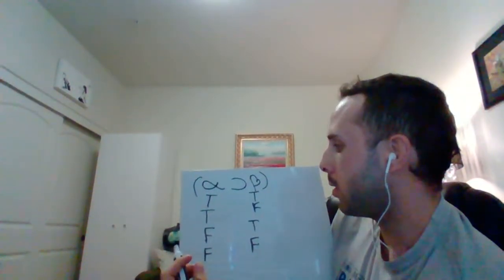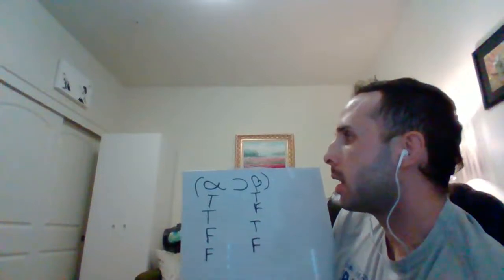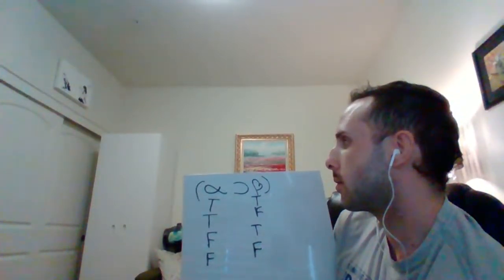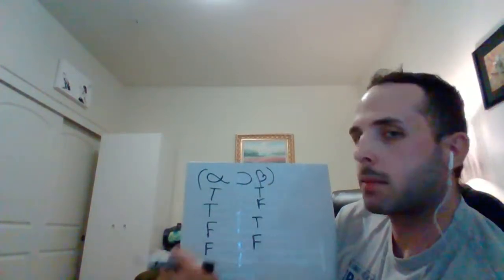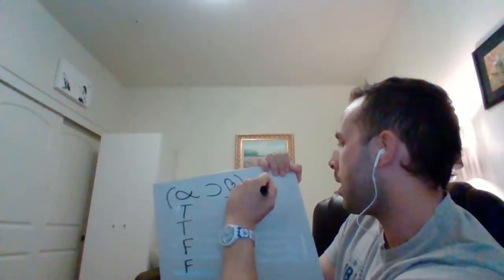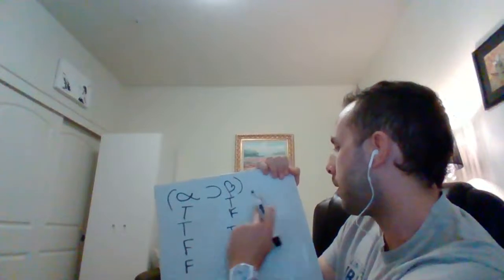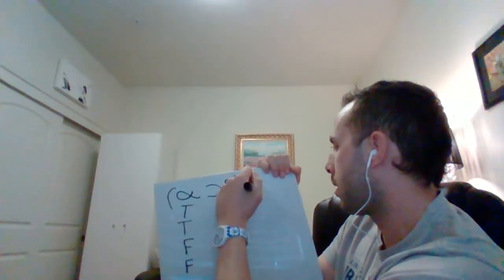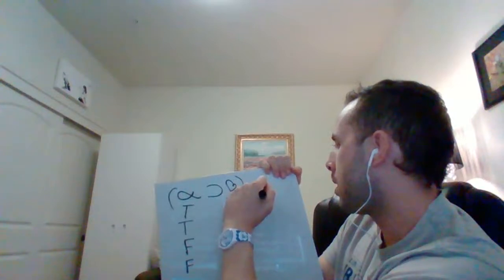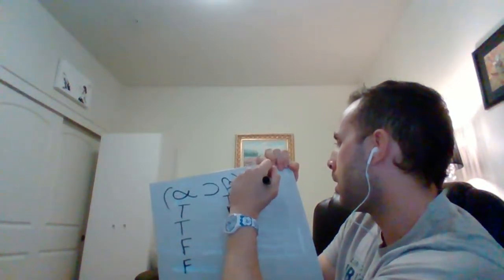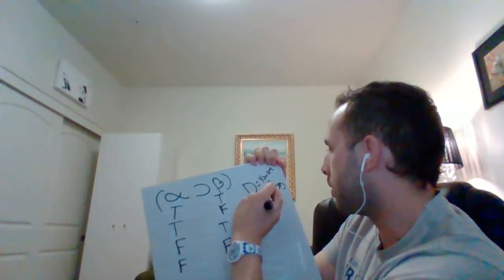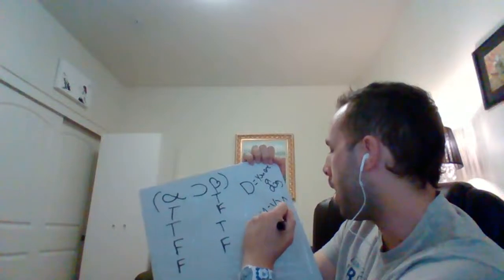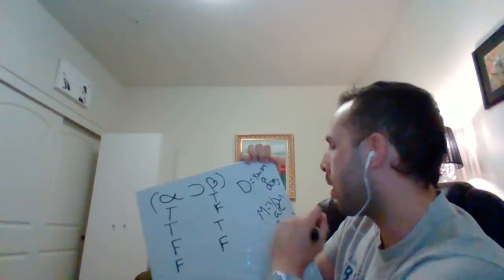Now I'm going to start to compute these things. Let's put some basic propositions in here. Let's say D equals you are a dog, and M equals you are a mammal.